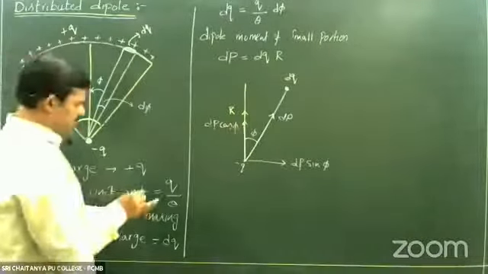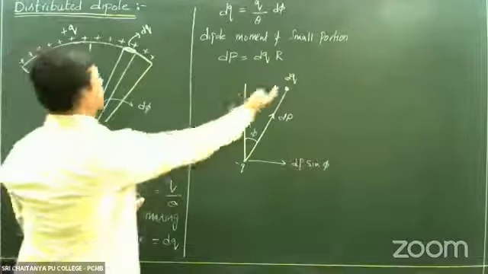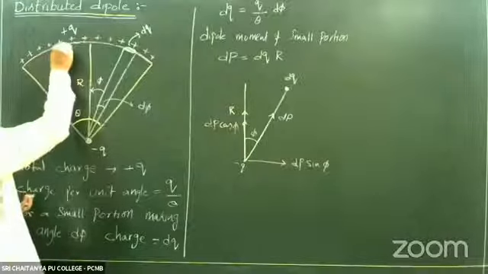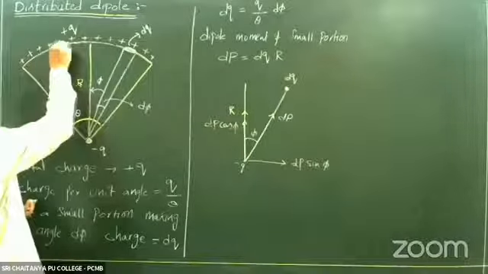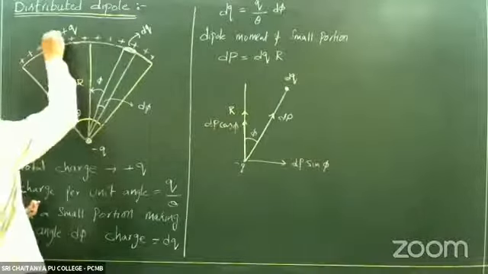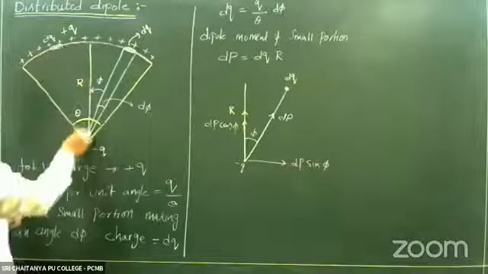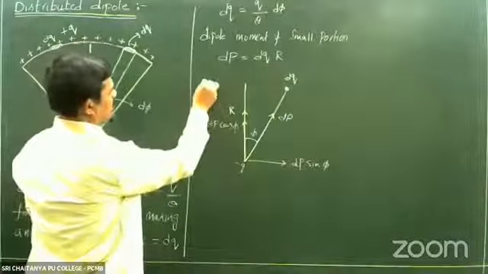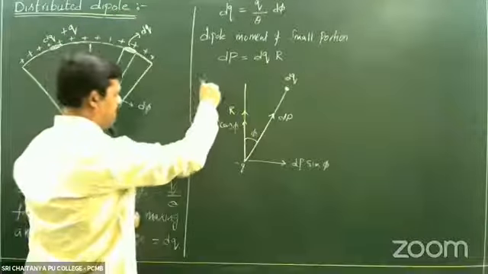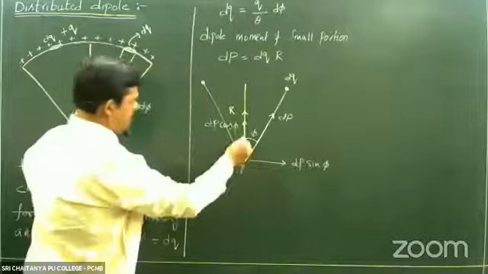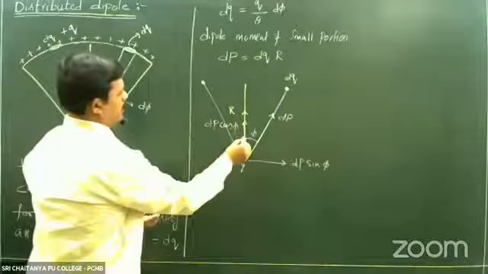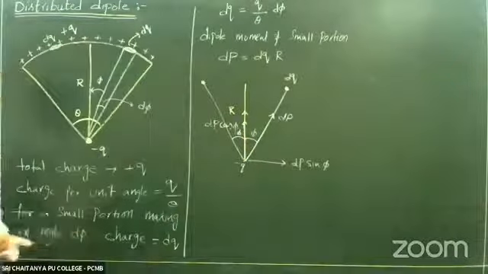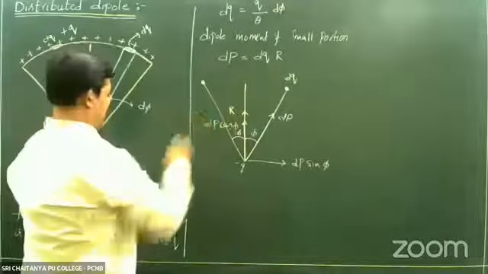If you select the same, symmetrical element on this side of dq, it also makes the same angle phi. Same symmetrical element on this side, it also makes an angle phi. And same dp comes this side.